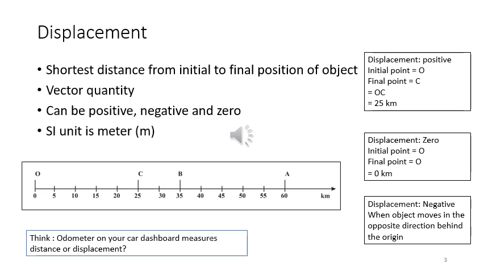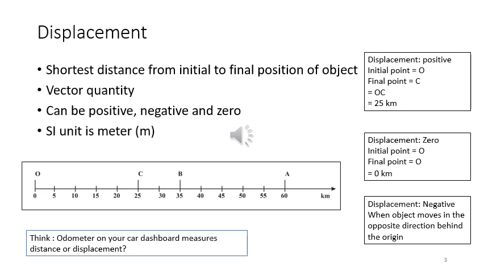Displacement is the shortest distance or path between the initial and final position of an object. All of you look at the scale that is given on the slide. I am referring to the same scale which we used in the previous slide while studying distance.